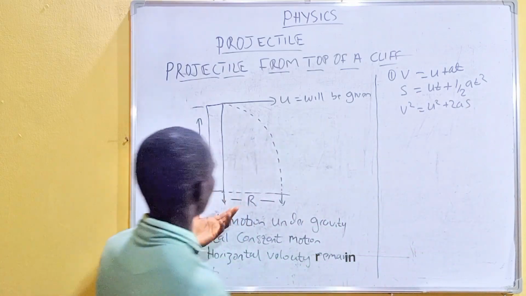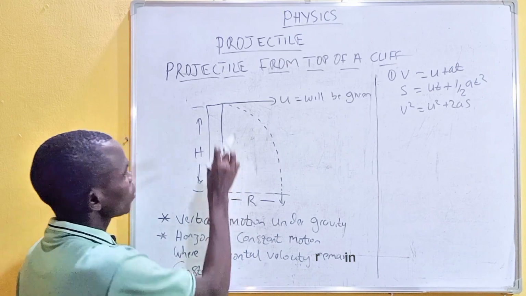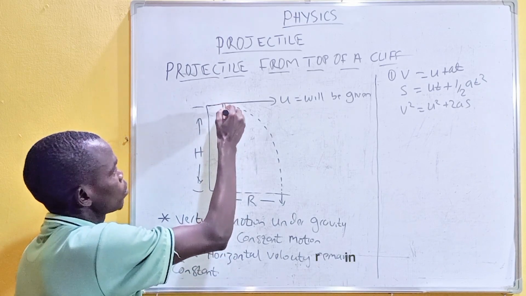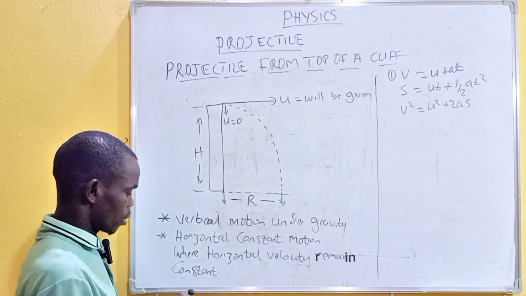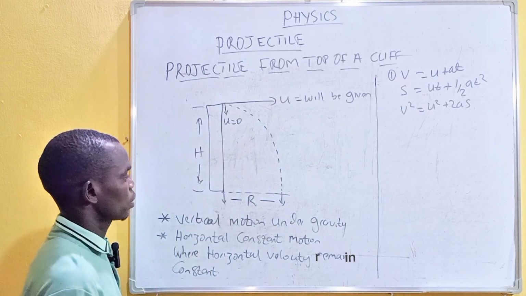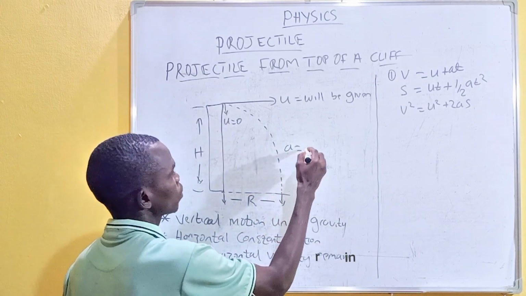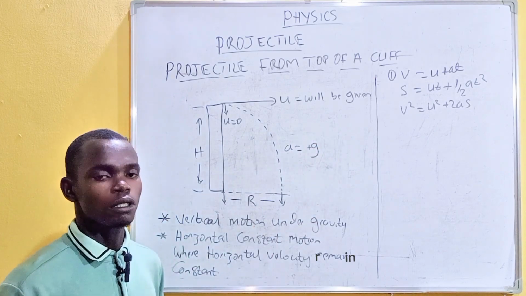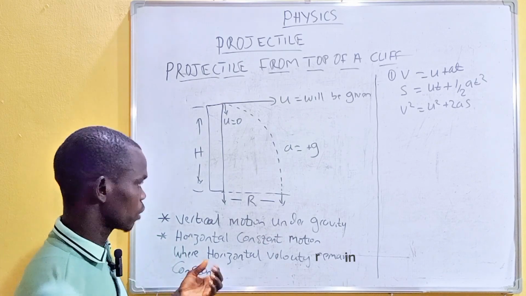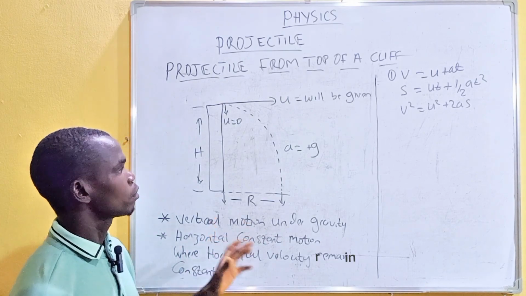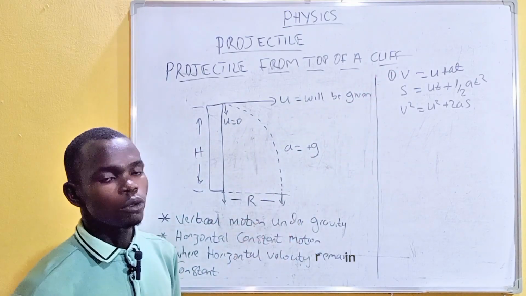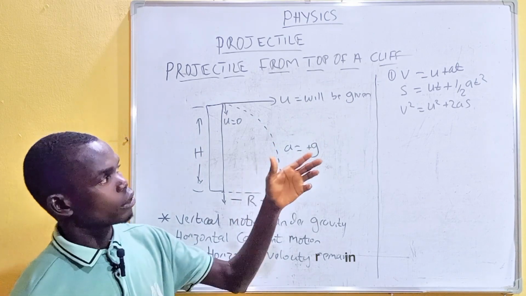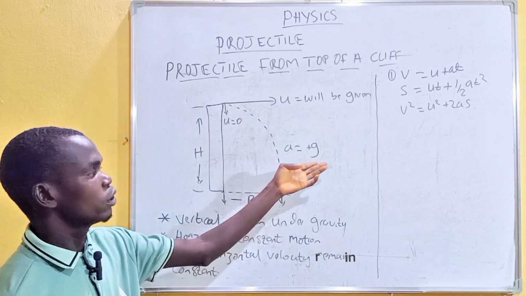So when considering the vertical aspect, the initial velocity of the vertical motion u is equal to 0 since it is moving from rest. The acceleration will be equal to positive g since it is moving in the direction of acceleration due to gravity. So when resolving the vertical aspect, u will be equal to 0 and acceleration will be equal to g.